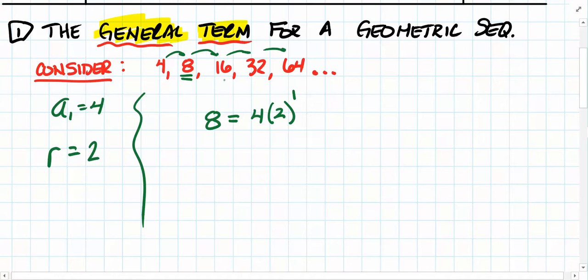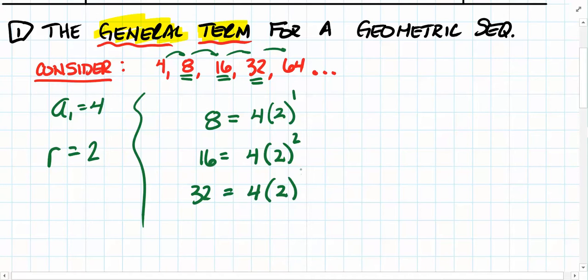That's the number 8. Take a look at the number 16. The number 16 is the very first term, which is 4, multiplied by the ratio squared, because 2 squared is 4, and 4 times 4 gives you back the 16. Let's take a look at the number 32. 32 can be written as the original term 4 multiplied by the common ratio, 2, all raised to the third power, because 2 to the third is 8, and 8 times 4 is 32.